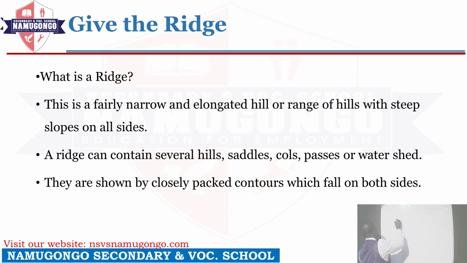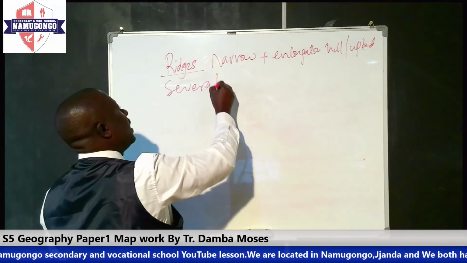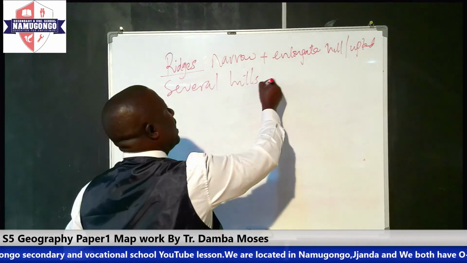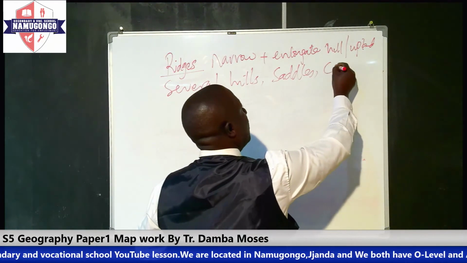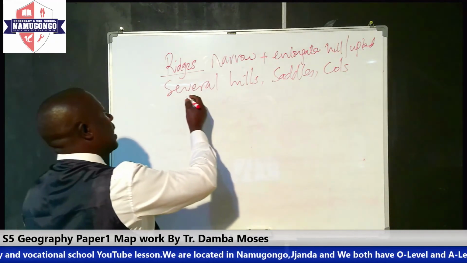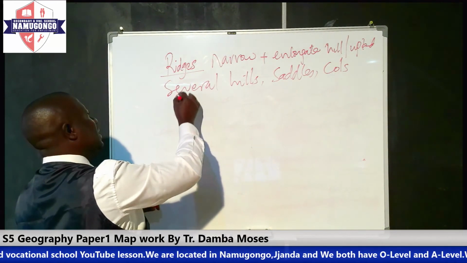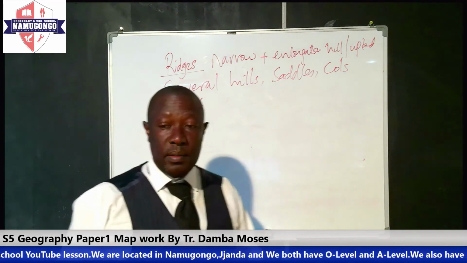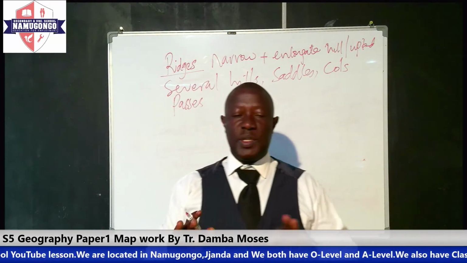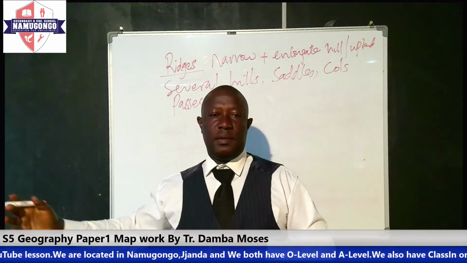It can have several saddles. It can have several cols. It can have passes. Just one ridge, because we said it is narrow and elongated.